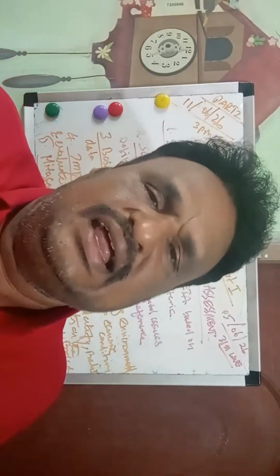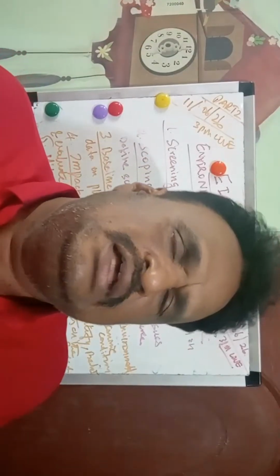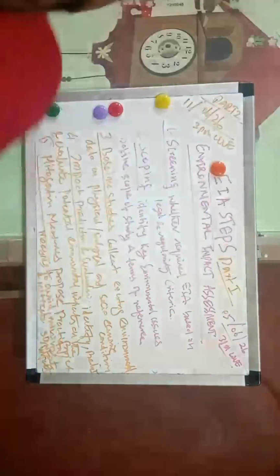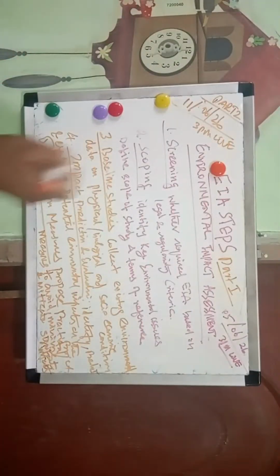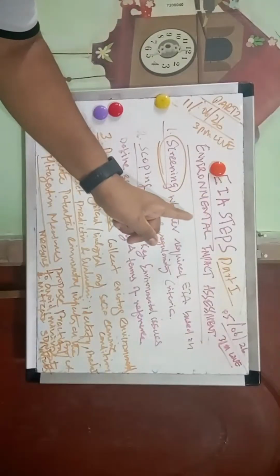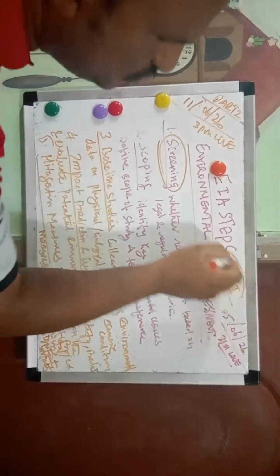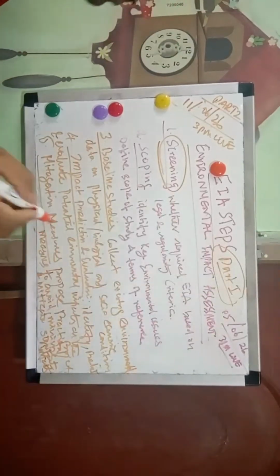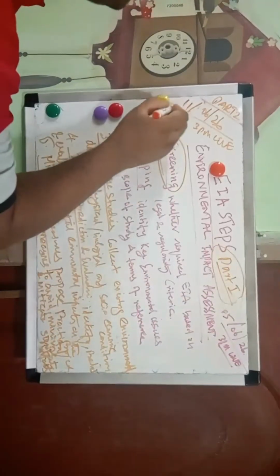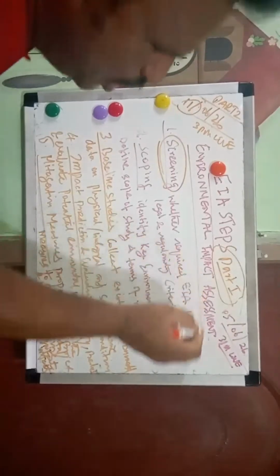These 10 steps you have to have. So the first step is screening. Now we are going to see part 1 of the environmental impact assessment EIA studies. Part 2 we will see on 11th June. But now, part 1.